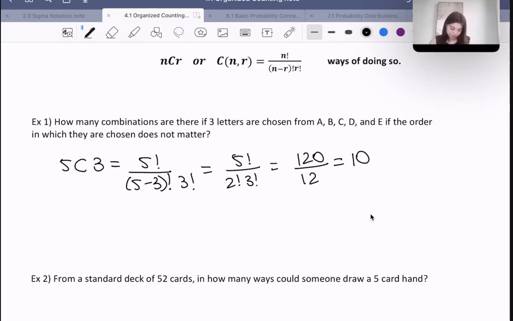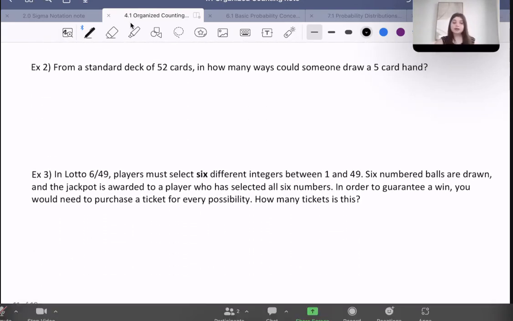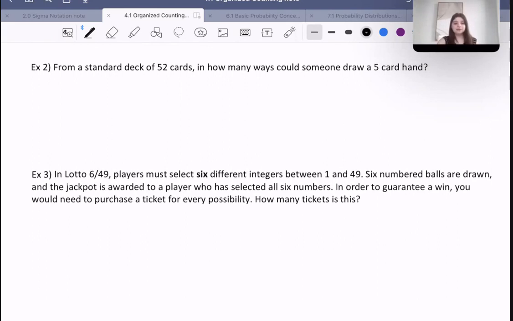Okay. The second example says, from a standard deck of 52 cards, in how many ways could someone draw a 5-card hand? Well, of course, we're going to do the exact same thing.